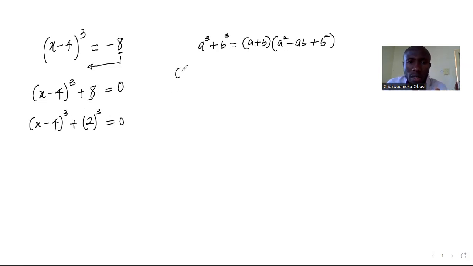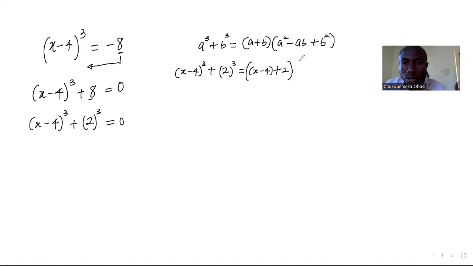So I have (x - 4)^3 + 2^3. All right, so for now, you see the a is just your x - 4, and the b is just the 2. So a is x - 4, right? So we have (x - 4) + b, and the b is just the 2 here. So we are done with the first section.